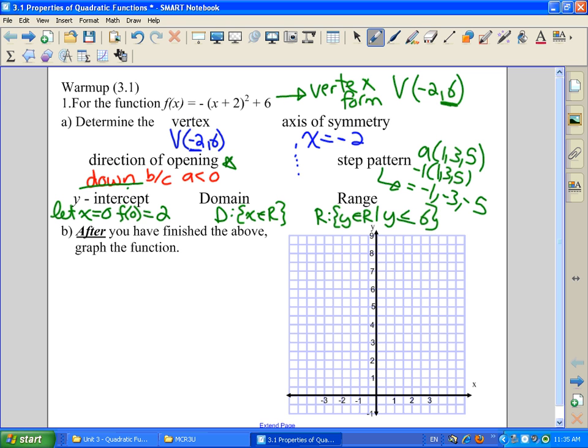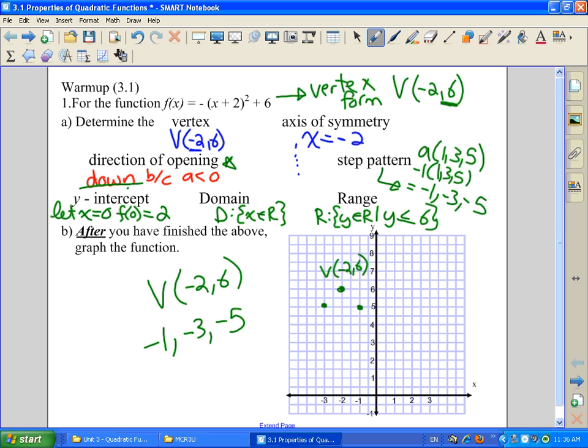All right, let's graph this. I know we did this in the first unit, so let's just review. How are we going to graph this? We're going to take a look at our vertex. We'll start with that, so we'll plot (-2, 6) right here. Then from that, we're going to use the step pattern, which is -1, -3, -5. So from here, as I go over 1, I'm going to go down 1.